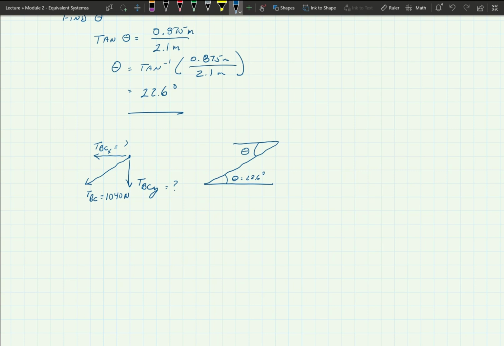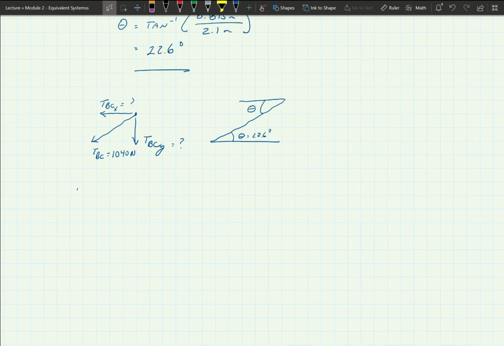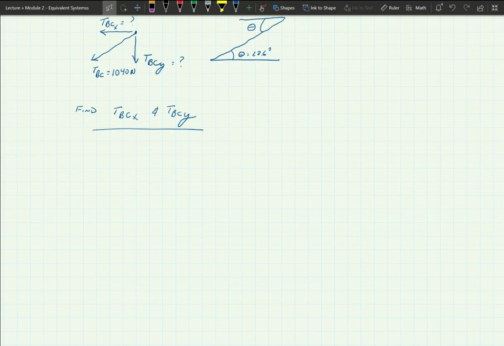Okay, and then we are pretty much good to go here. So with that we can find TBCX and then find TBCY. Okay, and that is going to be fairly simple.